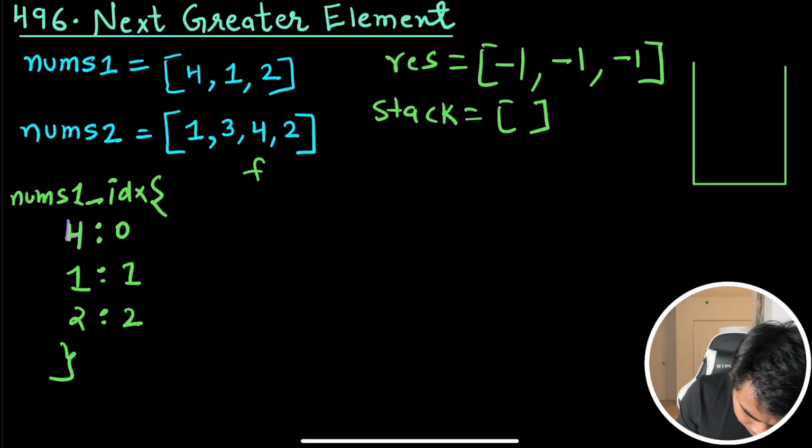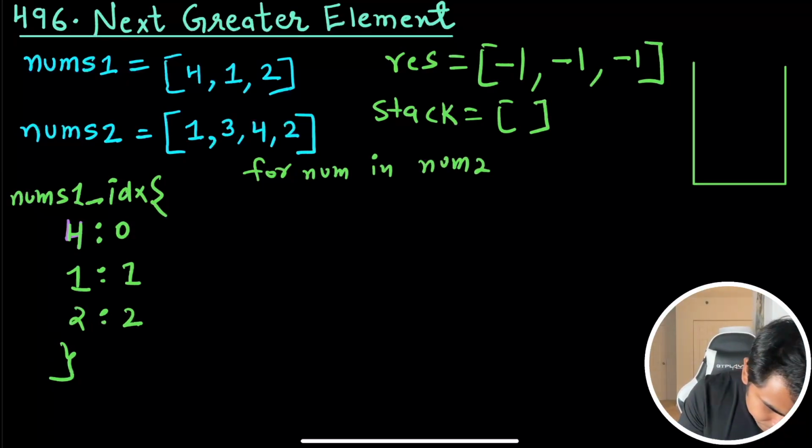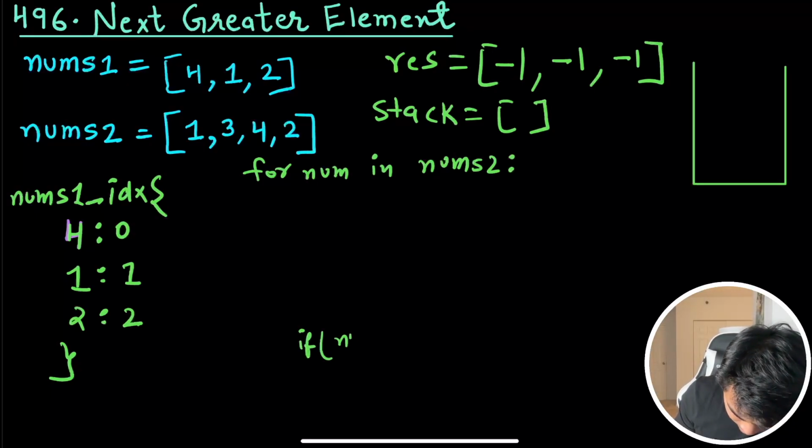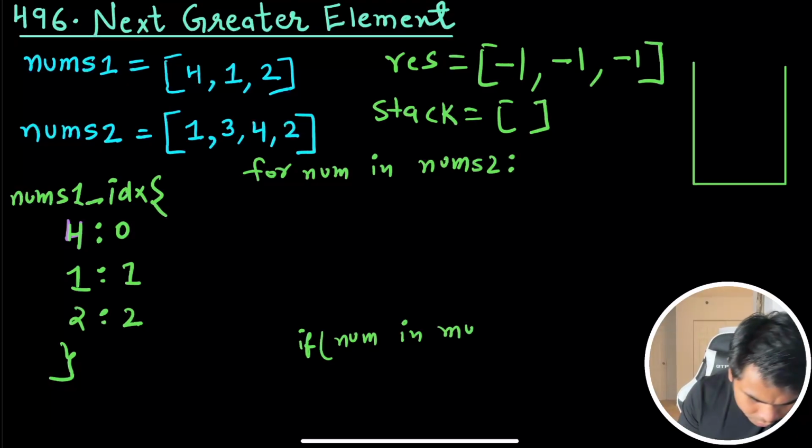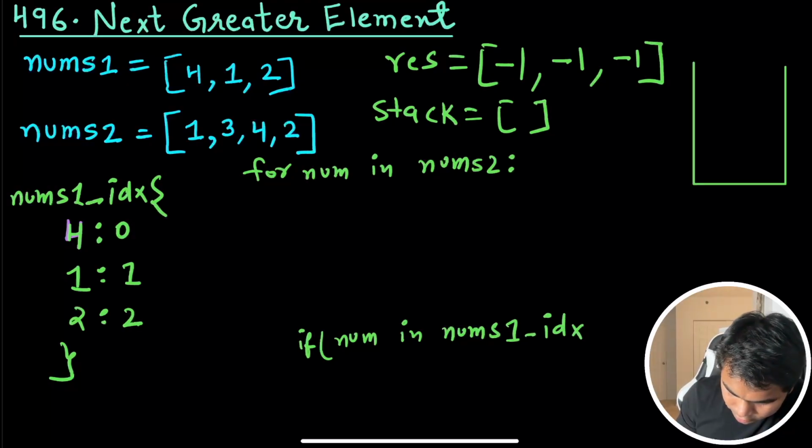So what I'll do is, for num in nums2, and here what I'll do is, if this num is in nums1, or better would be this dictionary nums1_idx, not dot, it's underscore, and if this is in there, then I will just push it to my stack.